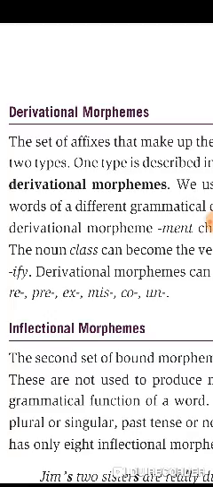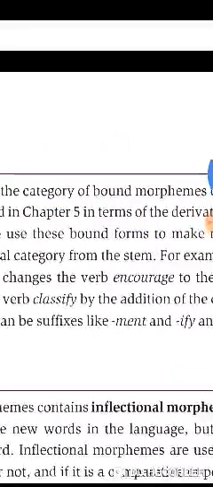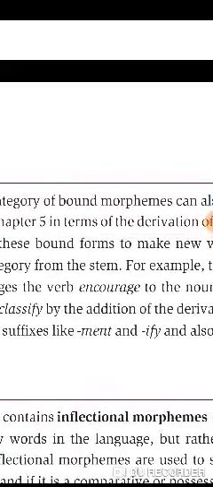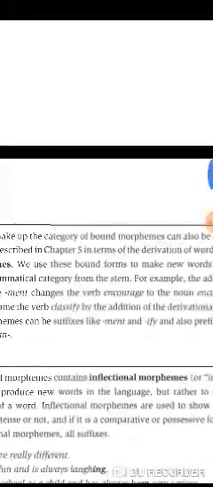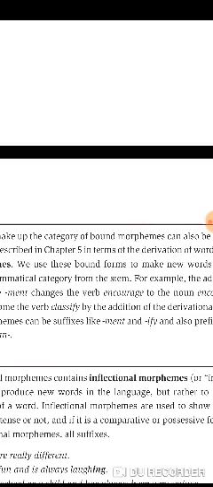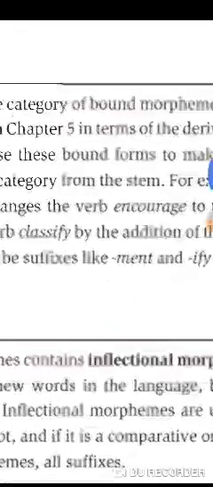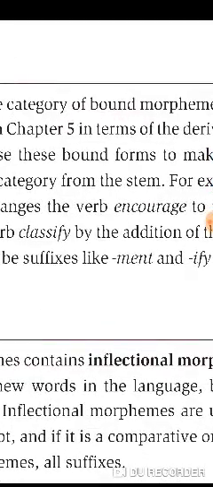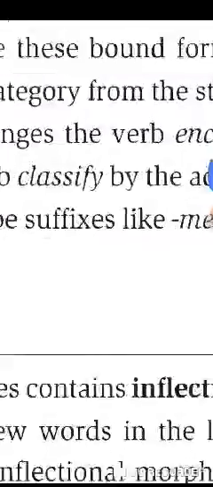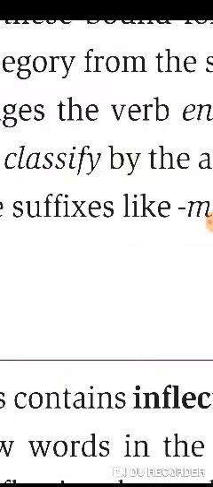For example, for the word classify, we say class is one word, and fi is added to this word. The result is a word of two morphemes. Class is one morpheme and fi is another.